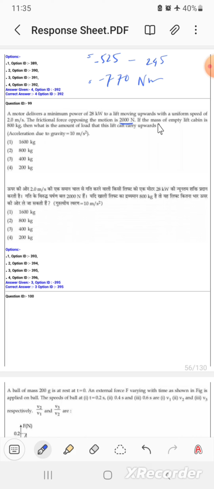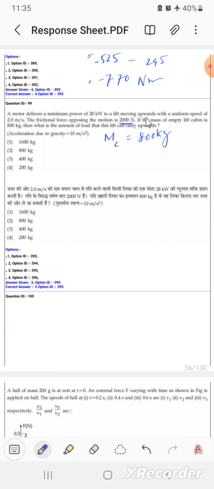It is opposing in nature, that means it will not help us, rather it will dissipate part of the force. And the mass of the cabin is 800 kg. They asked us to find out the total load that this lift can carry upwards.